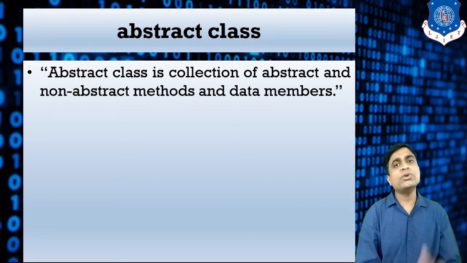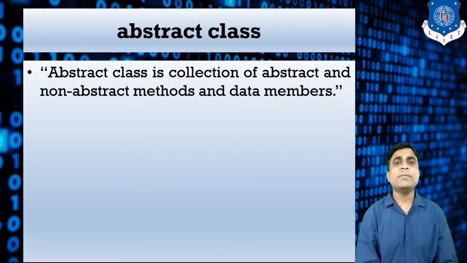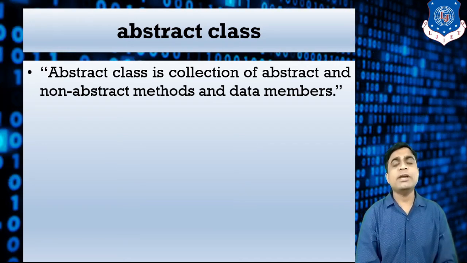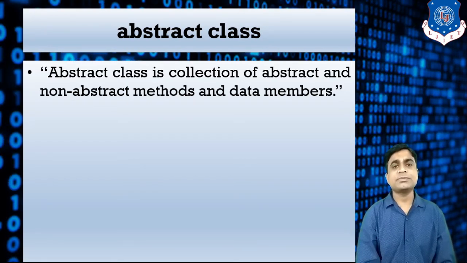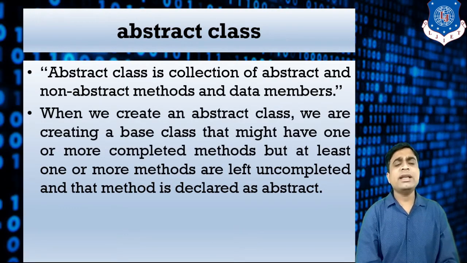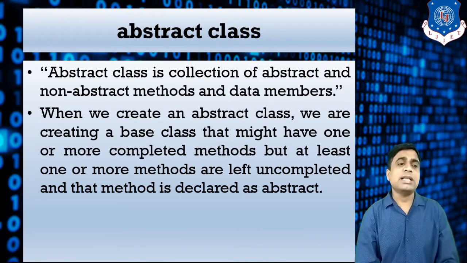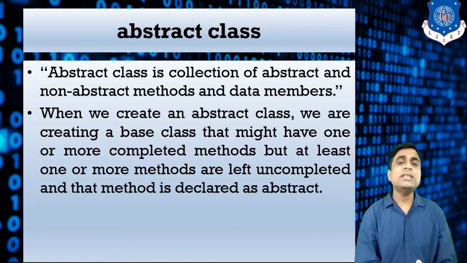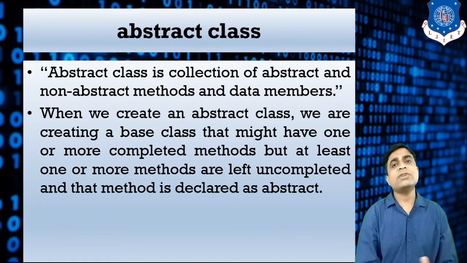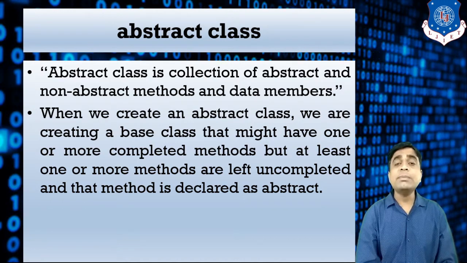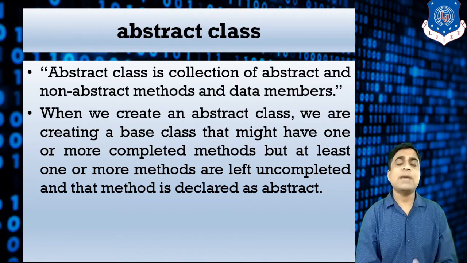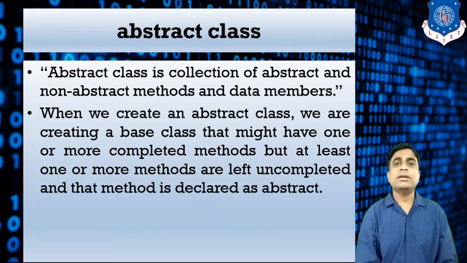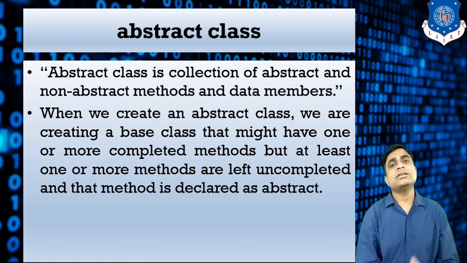I have already told you what abstraction means in the concept of object-oriented programming video. Here we will implement that concept by using the abstract class and the interface. When we create an abstract class, we are creating a base class that might have one or more complete methods, but at least one method is left incomplete, and that uncompleted method is declared as an abstract method by using the abstract keyword, and we override it in its subclass.